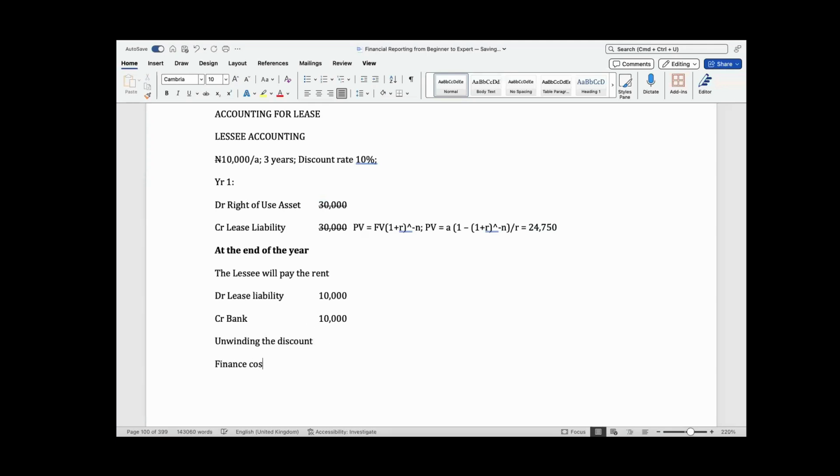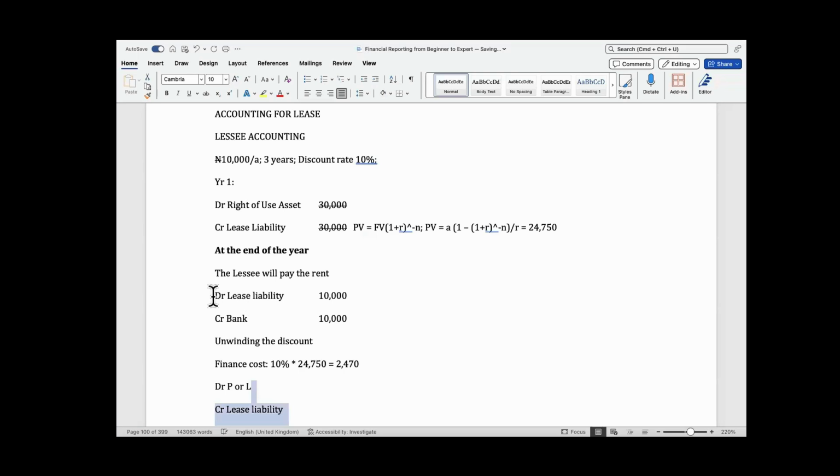The way it's calculated is you apply the discount rate on the opening liability, and that will give you 2,470. This interest, you simply debit P or L with it, and you release it to the lease liability so that it returns back to 30K.